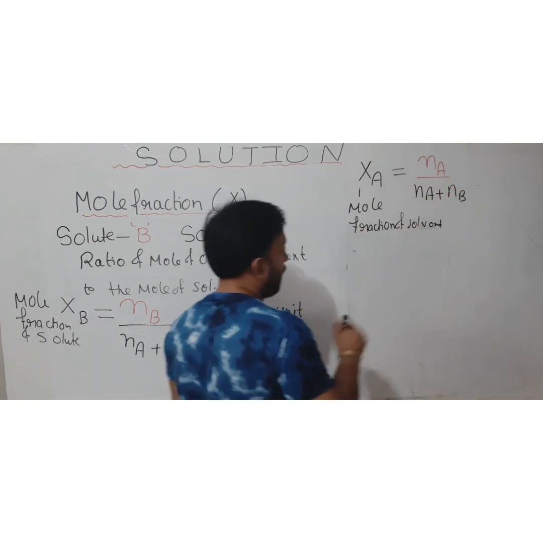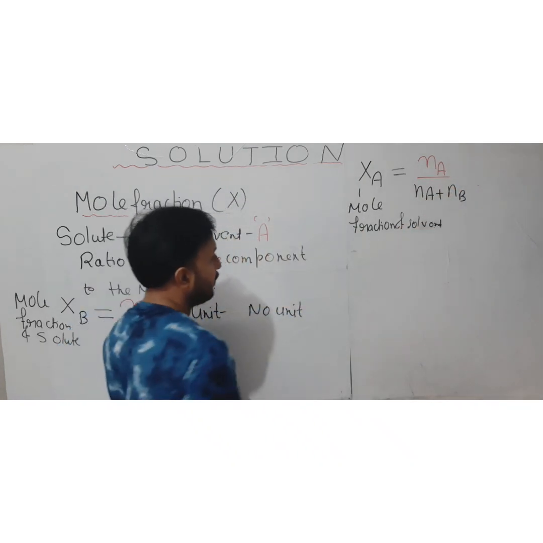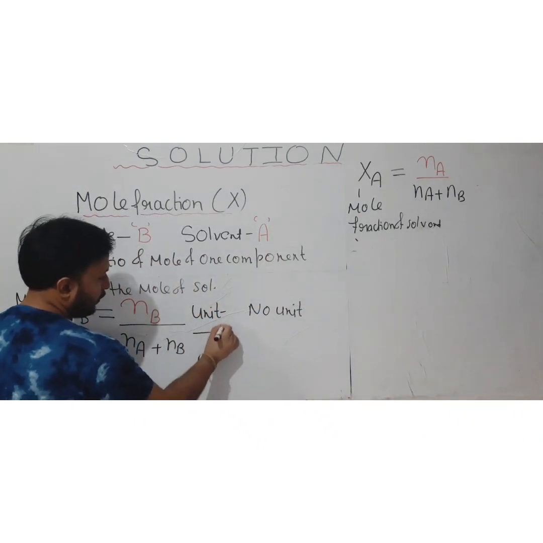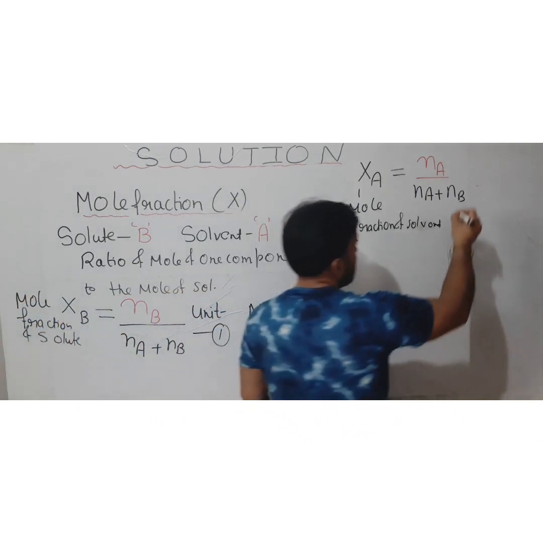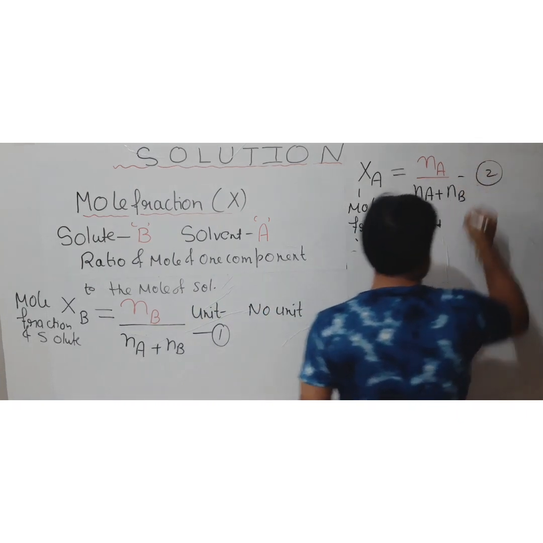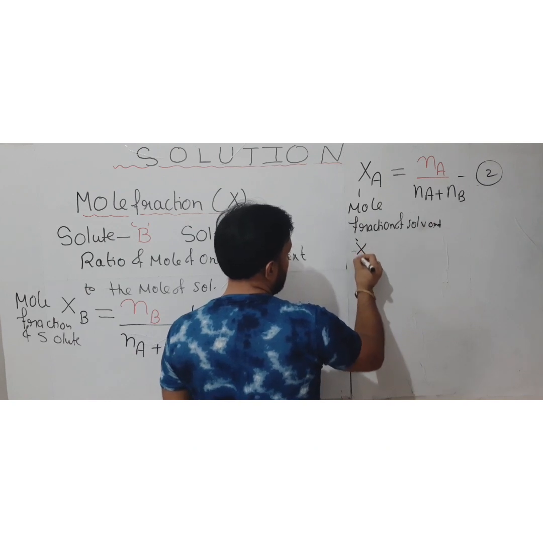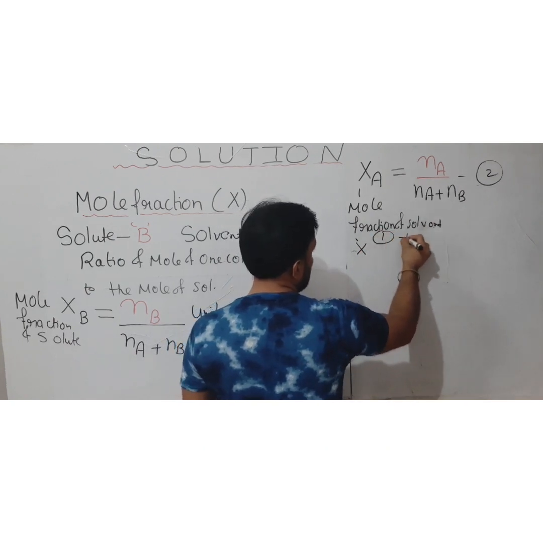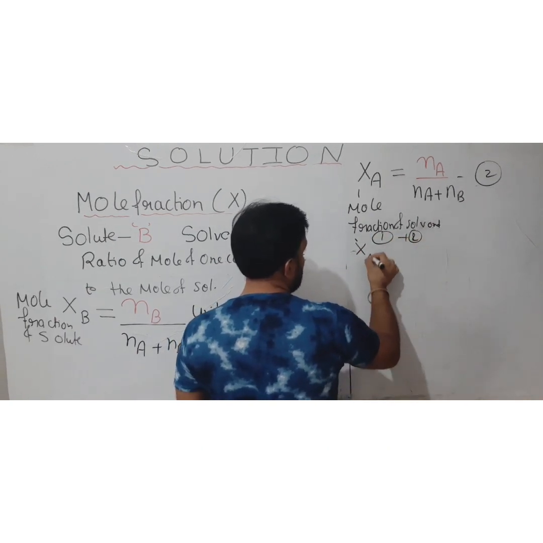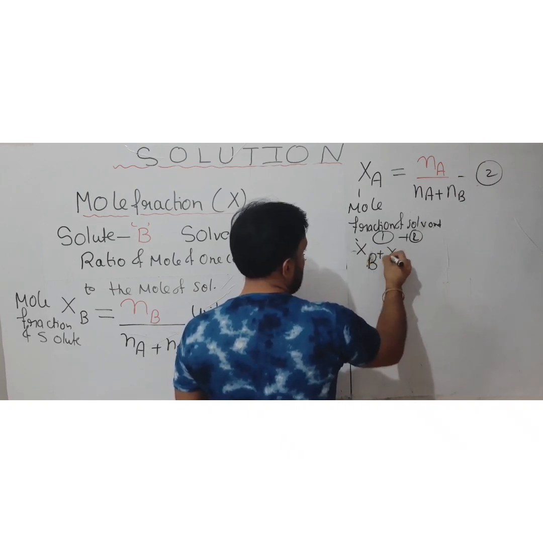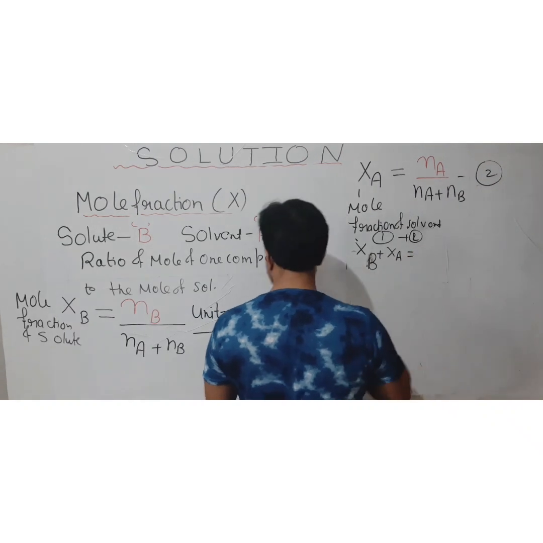Now one more thing which is very important. Suppose we consider this equation as 1 and this equation as 2. Then if you take the sum of 1 and 2, that is we add the two equations together, Xb plus Xa, then what is going to happen?